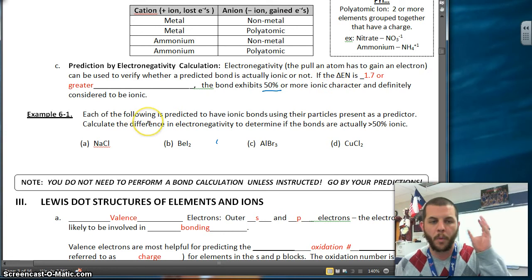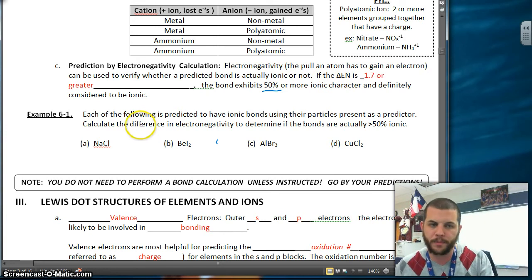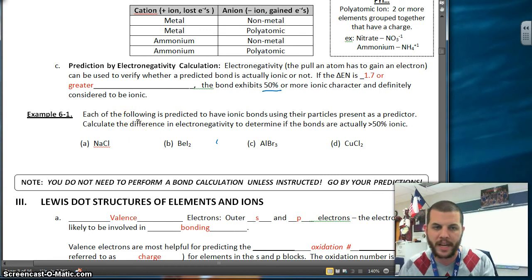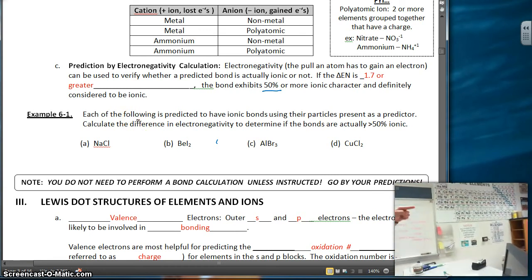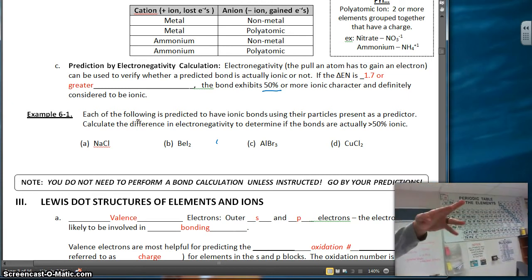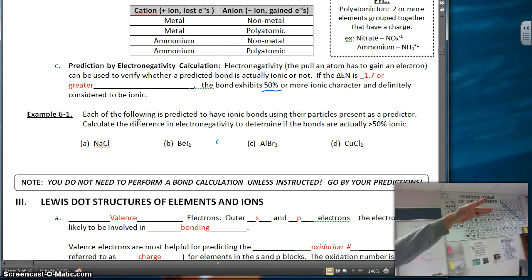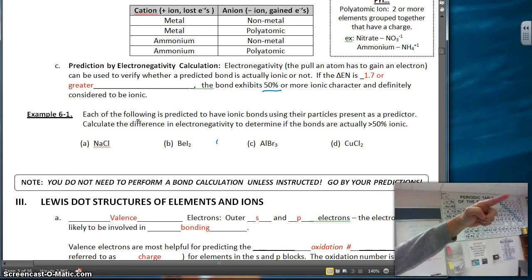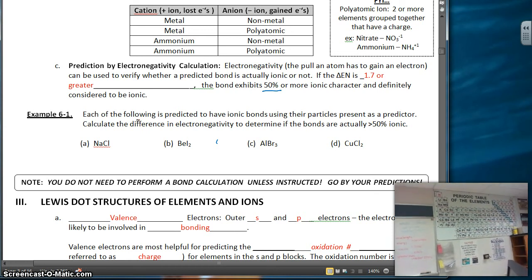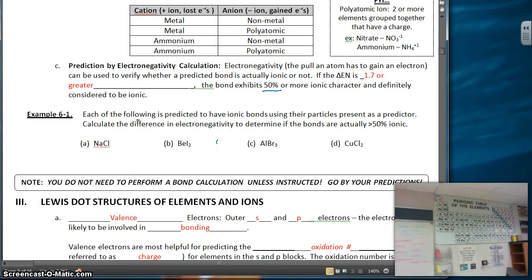So we need to remember something right here. If we're predicting based on just what we have on the periodic table, we would say that a metal, remember our metals are over here, plus a nonmetal is going to give us an ionic compound. So that's going to be our basic predictor.